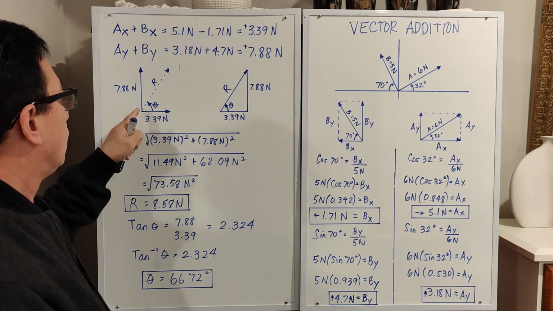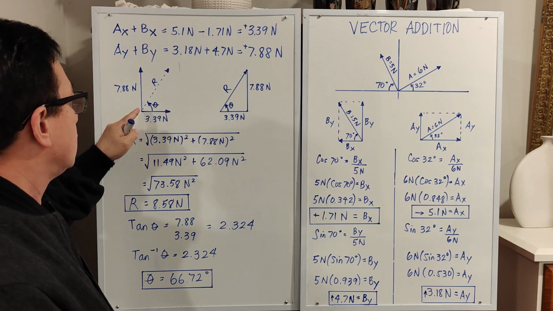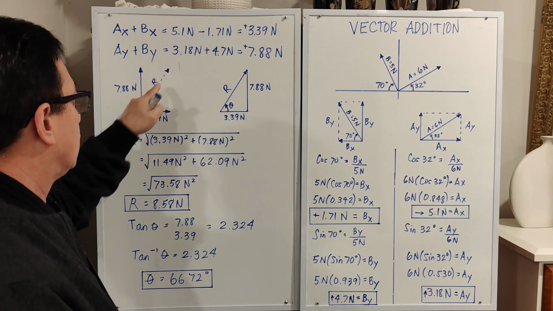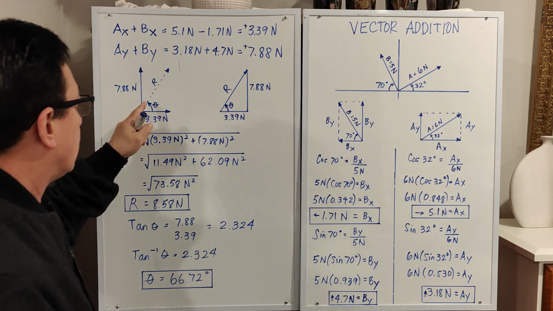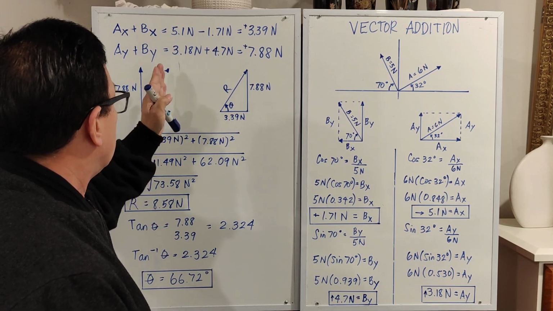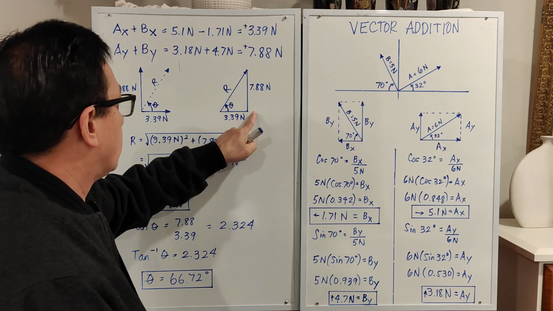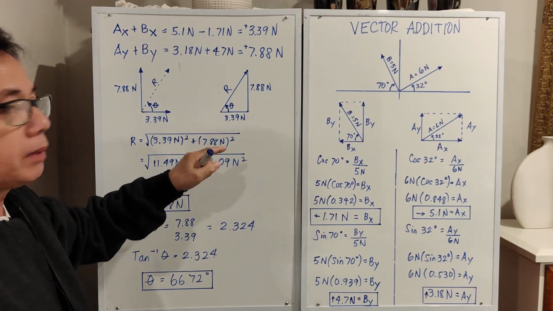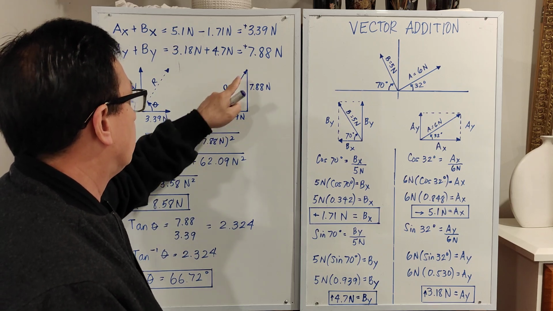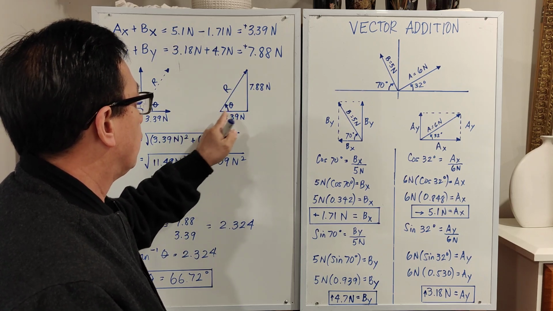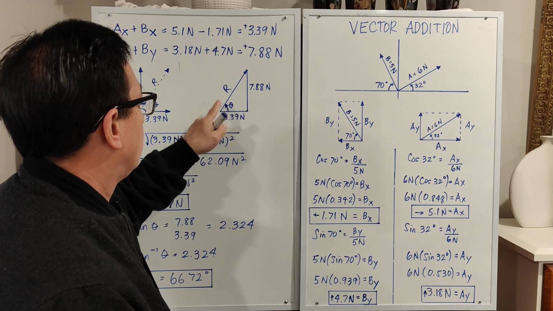So we need to combine these two forces to get the resultant force. We can easily put this one on the other side, making it into a right triangle, and then using the Pythagorean theorem, we can get the combined force of this horizontal and vertical force.